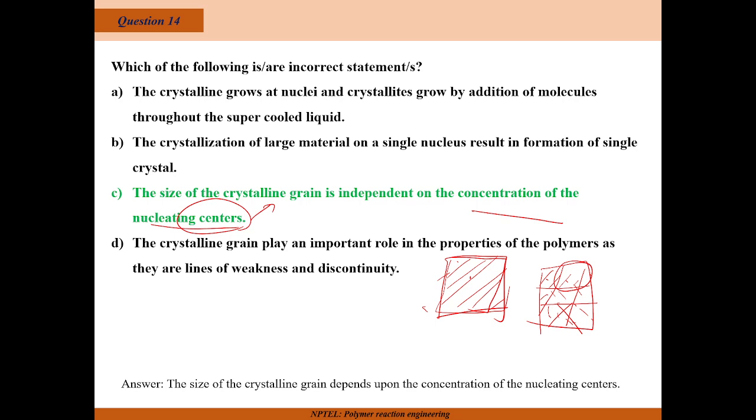That will definitely affect the mechanical strength and other parameters of the polymer itself. Okay, if that is the case, let's move on to our next question.